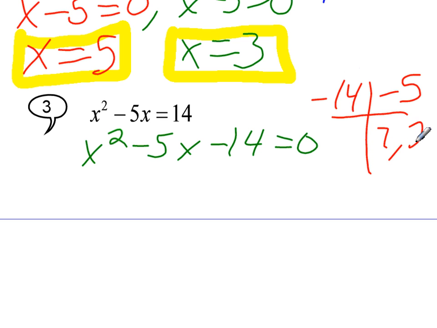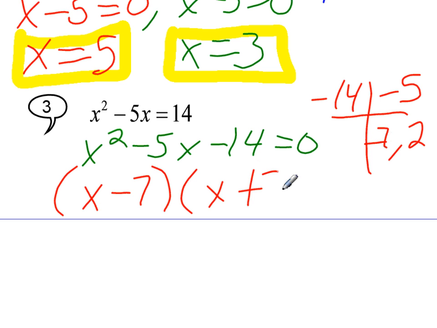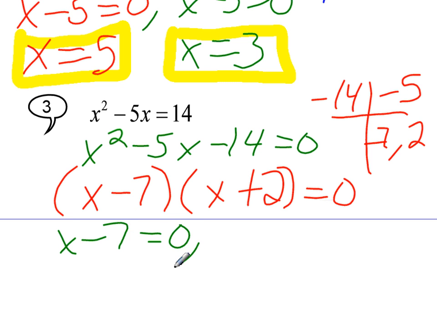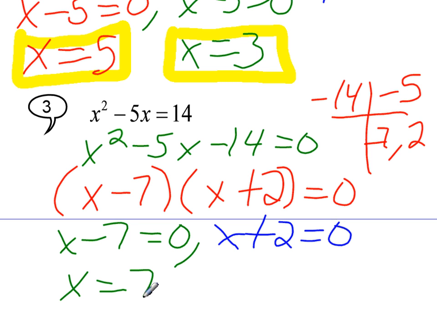Negative 7 and positive 2 multiply to negative 14 and add to negative 5. Just plug them in because this is an easy problem. Set each factor equal to 0, and then solve both equations. There are 2 solutions.